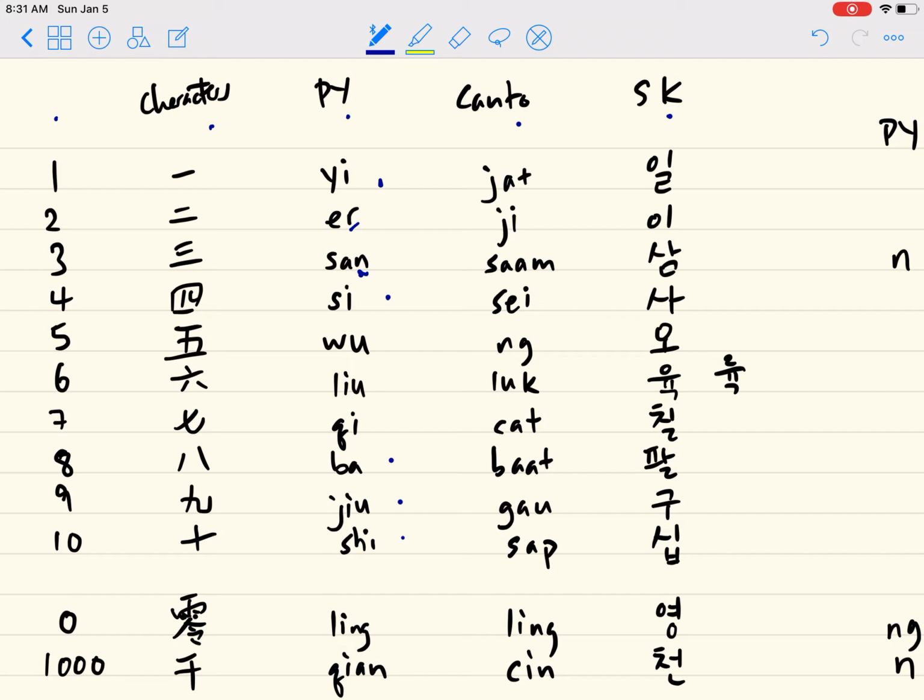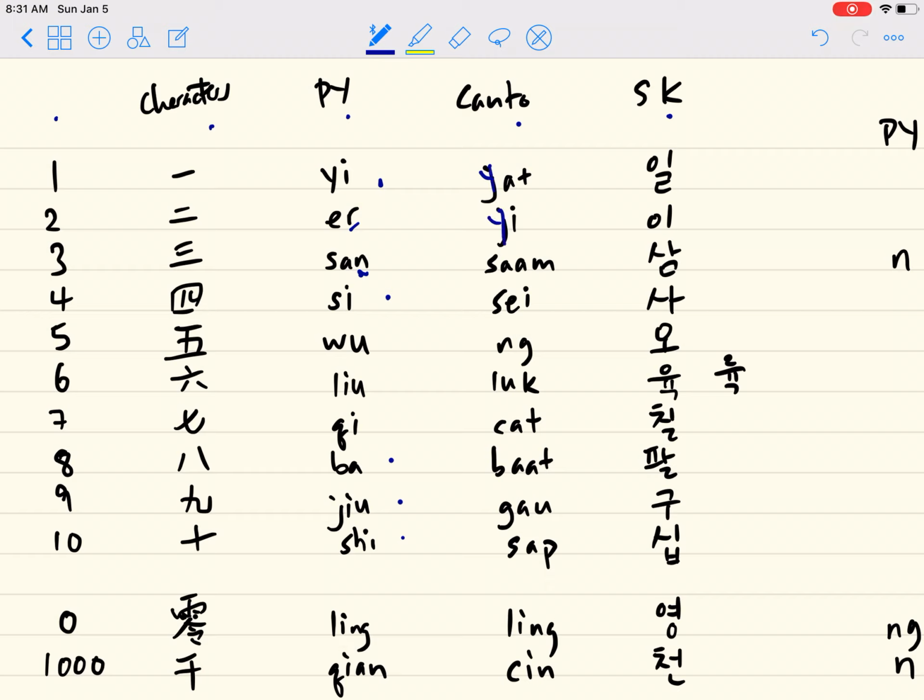So you only have 1. And then Cantonese, I don't speak Cantonese, so this is my approximation of how it sounds. Please excuse me if it doesn't sound quite right. You have ya, yi, sam, say, lok, tat, bat, go, sup. And so this is more like a Y here.